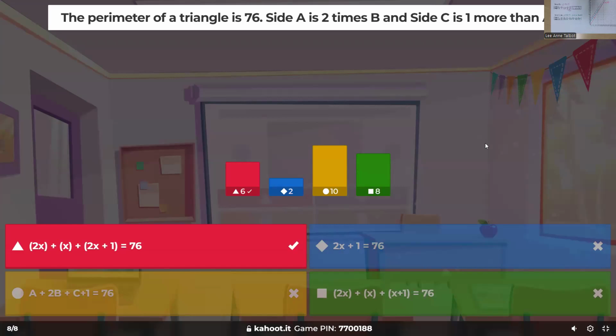Because it's two times the first one, or plus add more to the first one, so you have to add to the two.